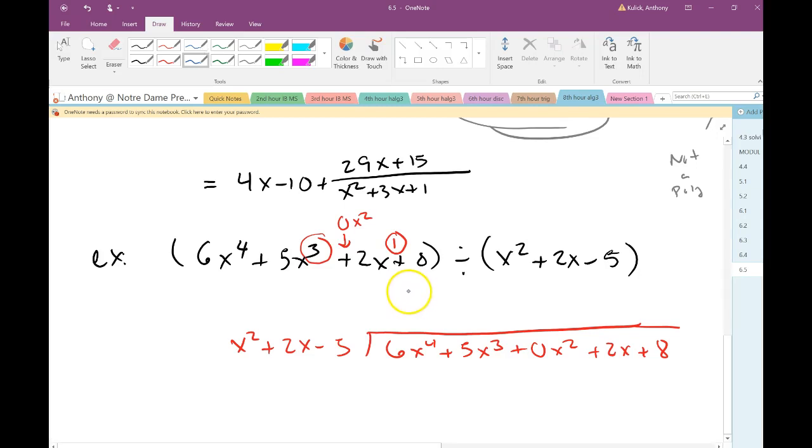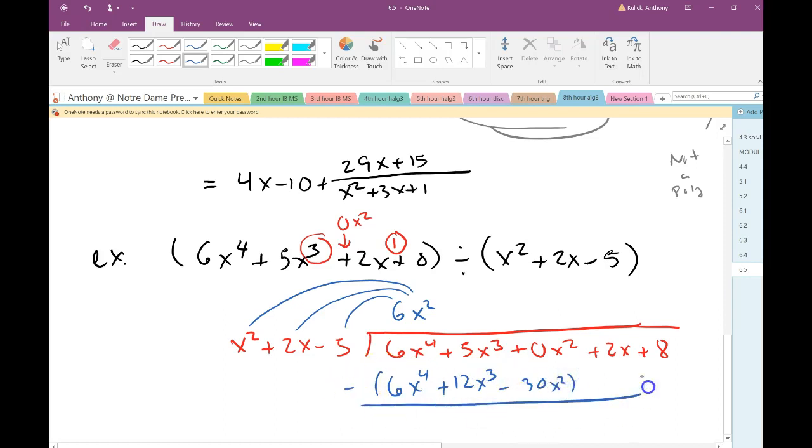Okay, so I'm going to ask myself, what times x squared gives me 6x to the 4th? The answer is 6x squared. And when I multiply that to each of the 3 pieces, I get 6x to the 4th plus 12x to the 3rd minus 30x squared.